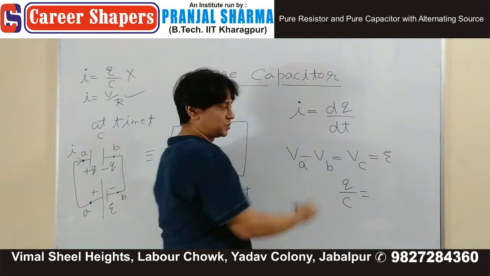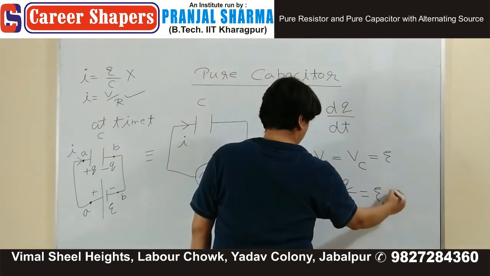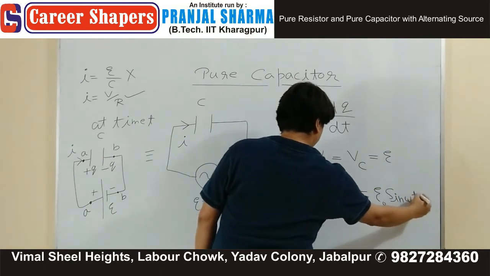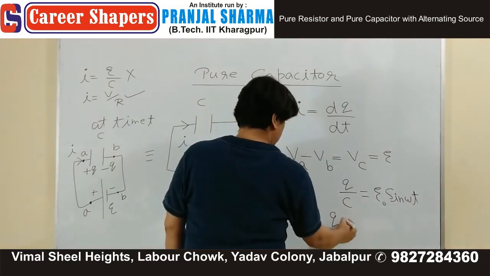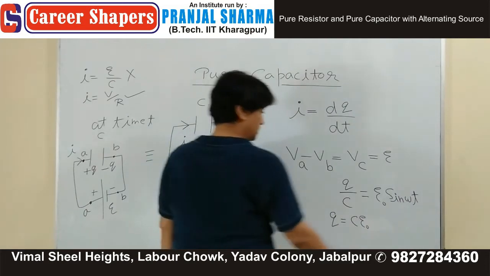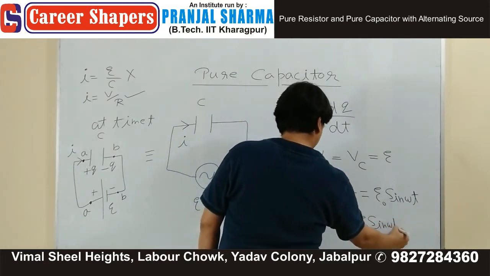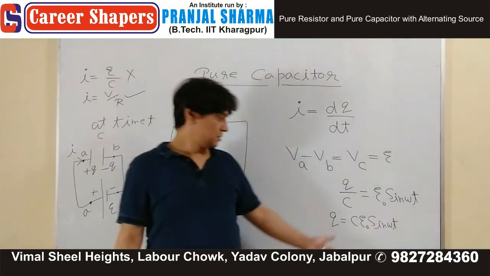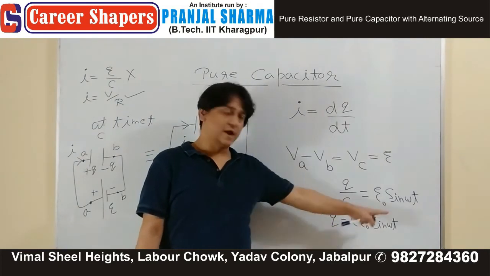This is something which is coming from capacitance. What is E? E naught sine omega t. This gives us Q as C E naught sine omega t.